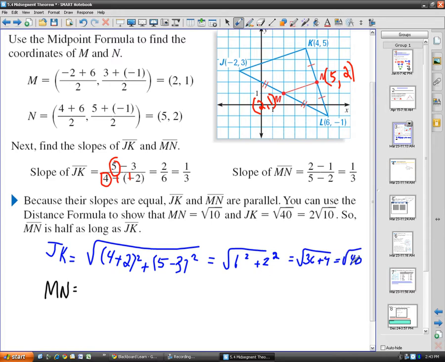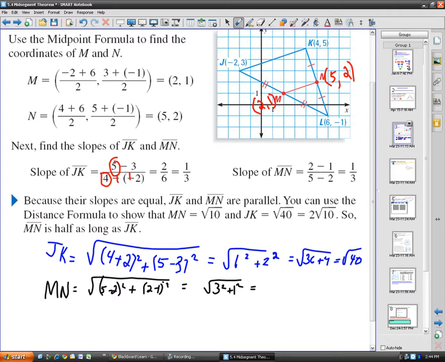So I'm sorry about that. If I end up taking my x's and subtracting them from each other, 5 take away 2, and squaring them, and adding on the y's, 2 take away 1, and squaring them, I will end up with 5 take away 2 is 3, so I get 3 squared, plus 2 take away 1 is 1 squared, which ends up being the square root of 10.